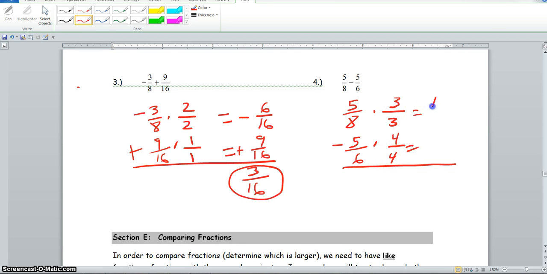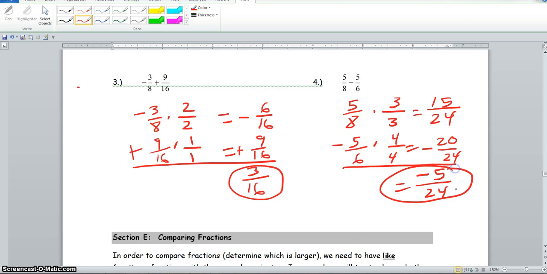So 5 times 3 is 15, 8 times 3 is 24, minus 5 times 4 is 20, all over 6 times 4 is 24. 15 minus 20 we know is negative 5, and that gives us negative 5 over 24. So that will be our final answer here.